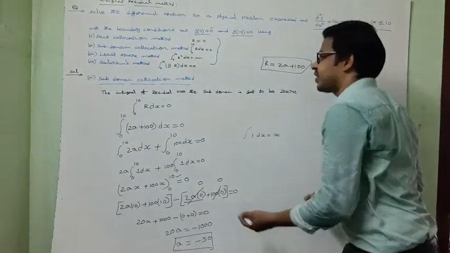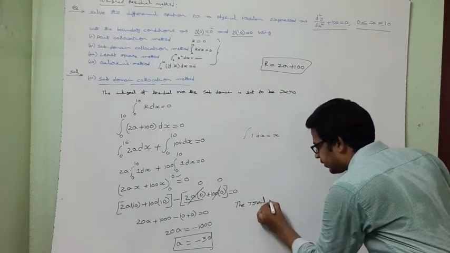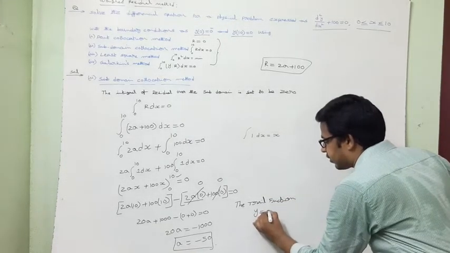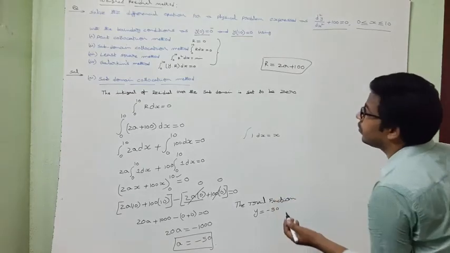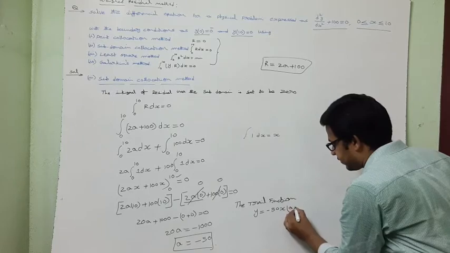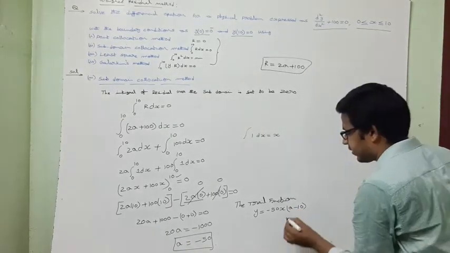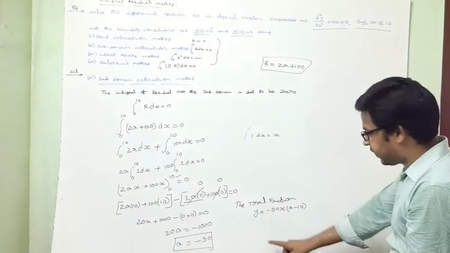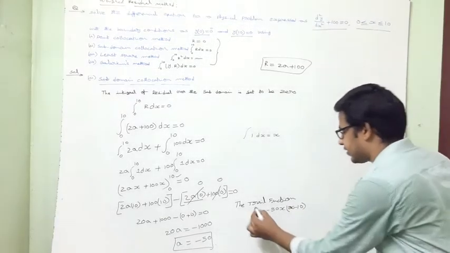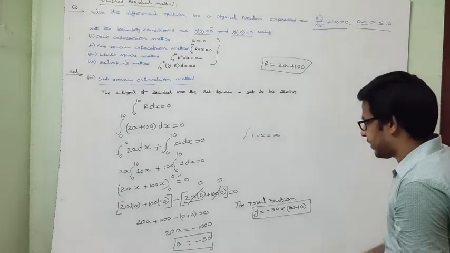So here the trial function of this subdomain, y is equal to minus 50 into x minus 10. So this is the subdomain collocation method trial function.